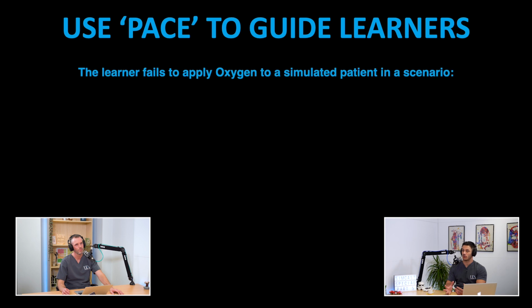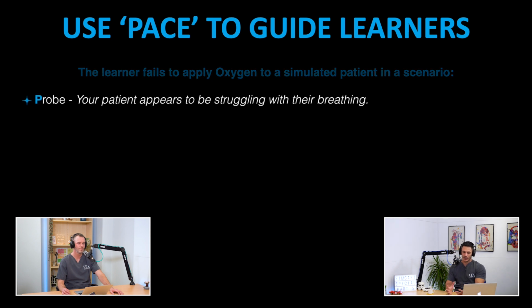So PACE, the P stands for probing. Let's use an example of a learner who forgets to put on oxygen at a key point and the patient is going to be hypoxic as a consequence. You want them to try and figure that out themselves, but equally, if they progress too far into the simulation, it's going to get to the point where there would be detrimental effects. So it needs to be addressed.